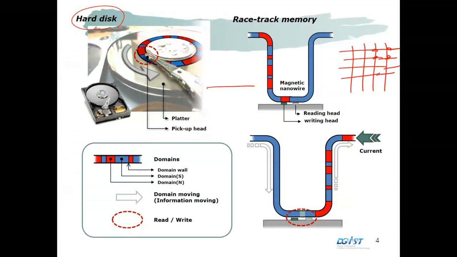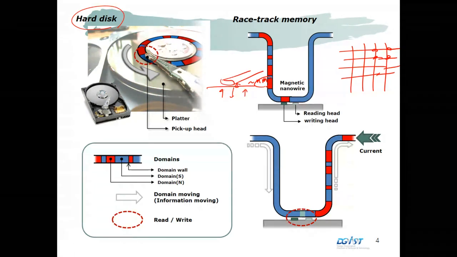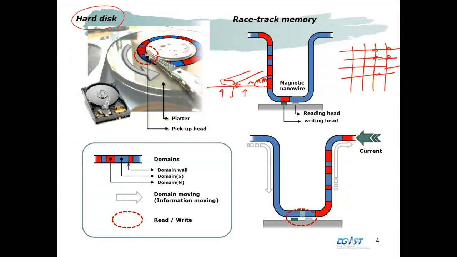For example, on the surface of this drive, the information is stored something like this, and we have a reading head here, and this distance is just a few nanometers. So if we have some mechanical shock from the outside, there is some chance this moving part can touch the surface of the hard disk drive, and then it's going to cause damage.